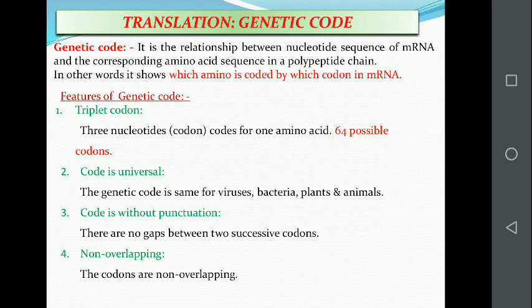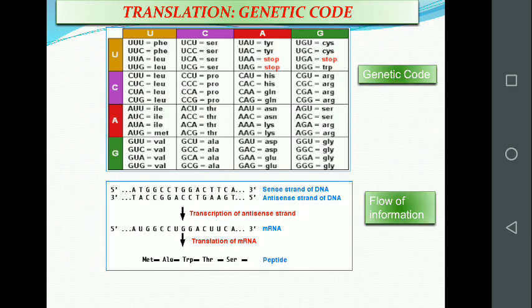As in earlier classes we have discussed the genetic code elaborately. The genetic code definition is, it is the relationship between the nucleotide sequence of mRNA and the corresponding amino acid sequence in a polypeptide chain. So that means genetic code is nothing but this table. In this table what we observe is that a 3 base sequence is called a codon, and that codon codes for a specific amino acid.